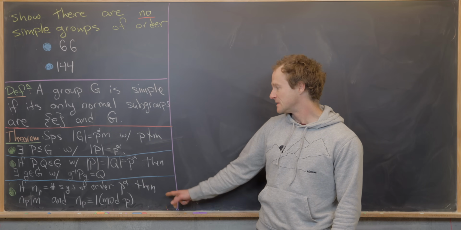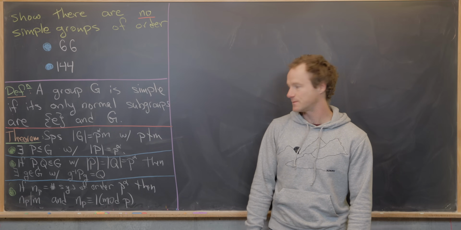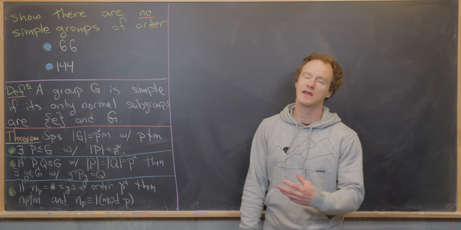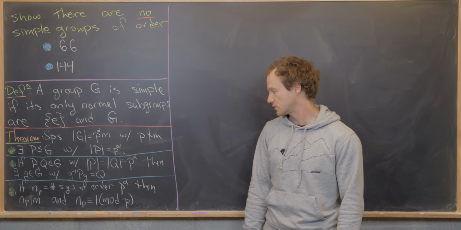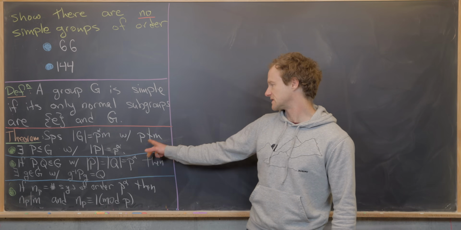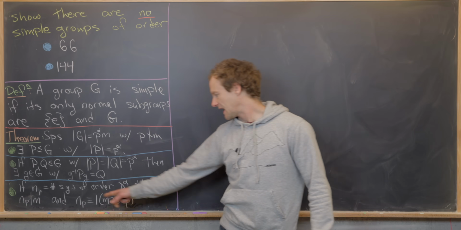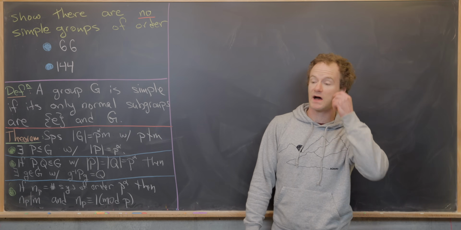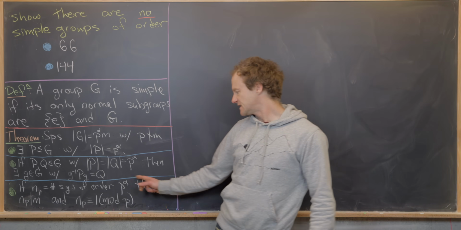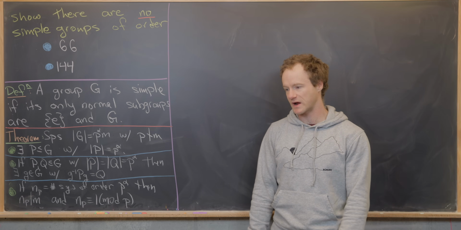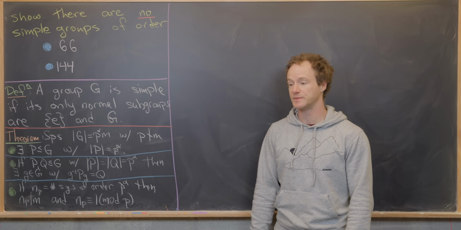Next, if we set n_p equal to the number of subgroups of order p^α, in other words, the number of Sylow p-subgroups, then n_p divides m, this leftover number, and n_p is congruent to 1 mod p.